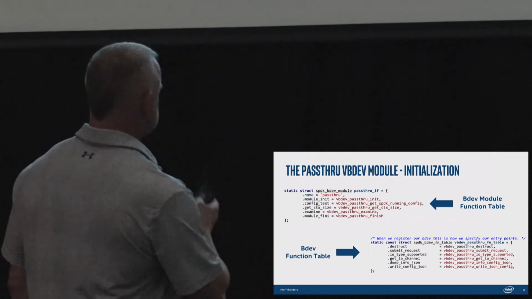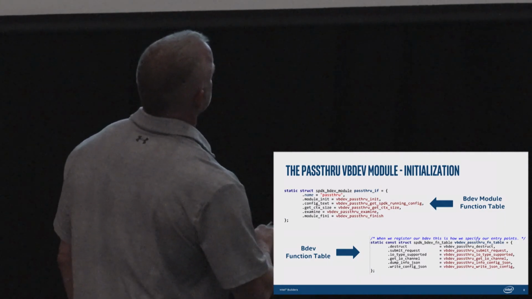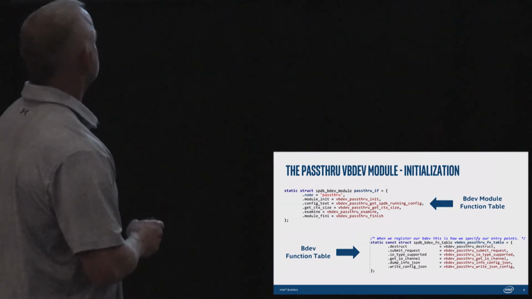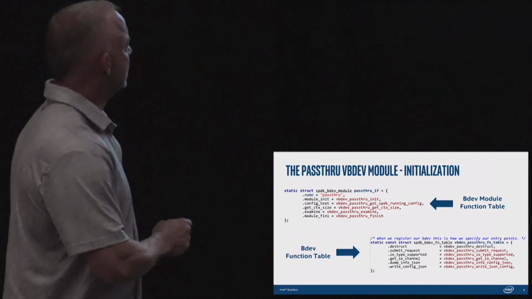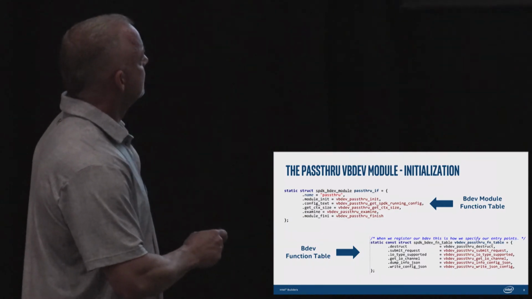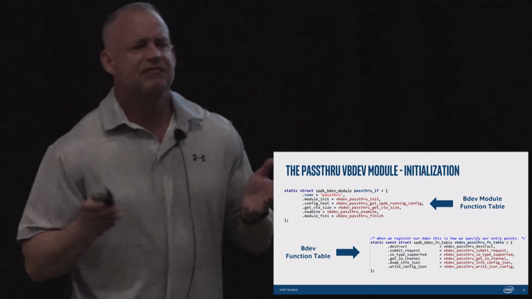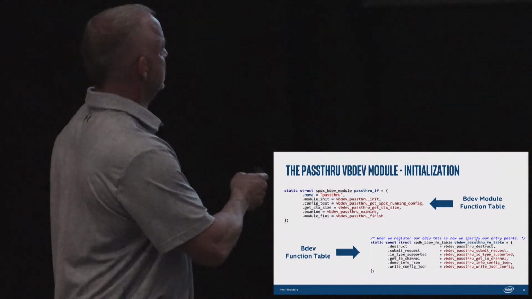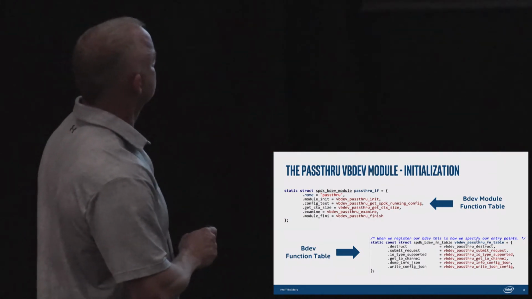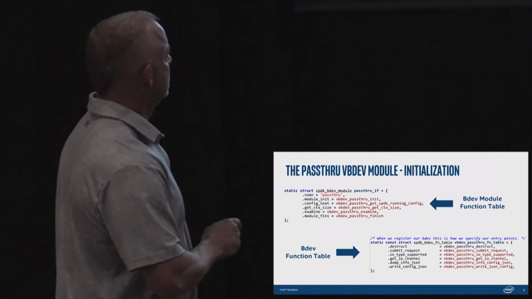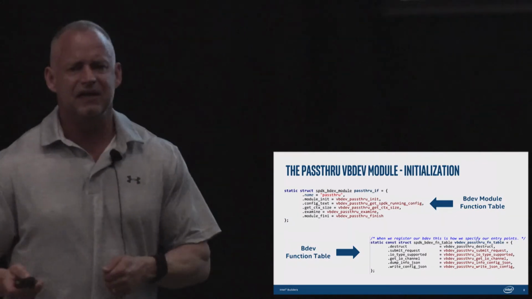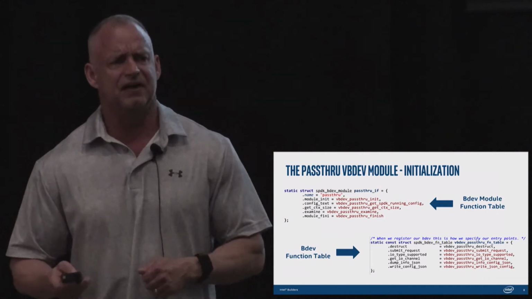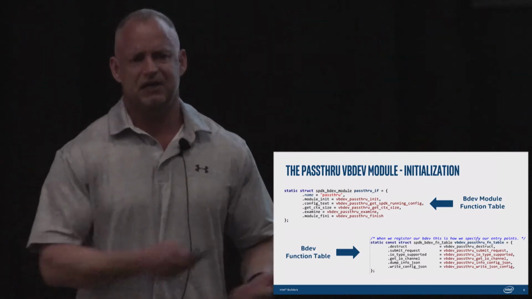This top one here, we're calling the BDEV module function table. You can see we're providing the BDEV layer with module-related function entry points. Like, here's how I initialize my module. Call this function when you want to do that, right? When you want to have this module examine a new BDEV that's shown up in the system or a new vBDEV to see if it wants to take some action on it, you call this function, right?